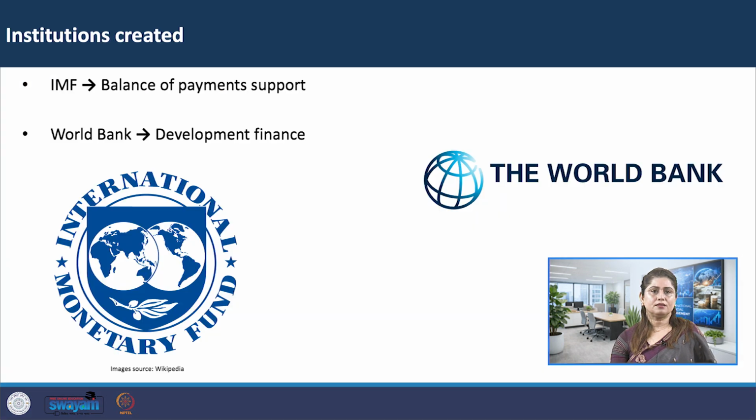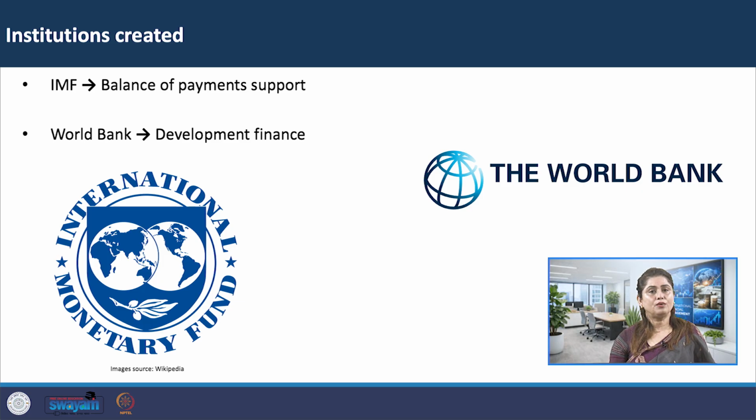Now this brings us to another important feature of Bretton Woods, the creation of international institutions. Two institutions were established. The first was the IMF. Its role was to provide financial assistance to countries facing balance of payments problems and to ensure that countries followed a stable exchange rate policy.